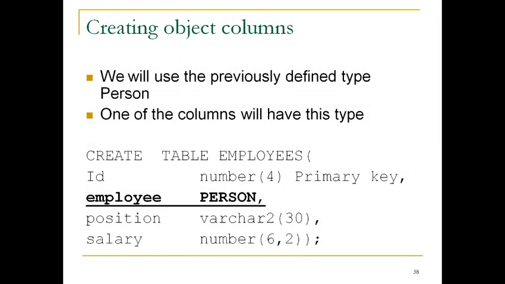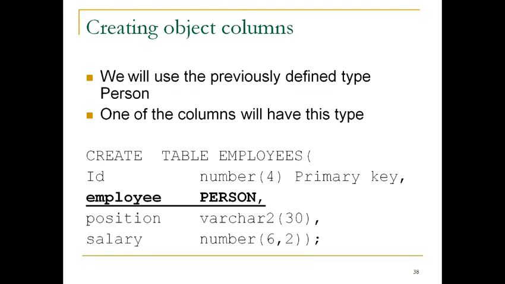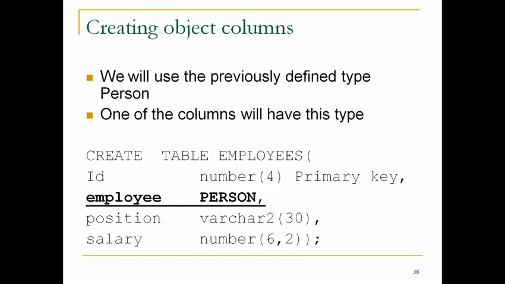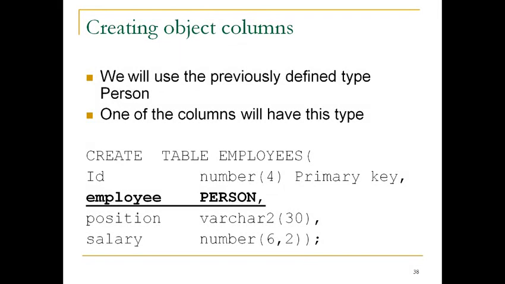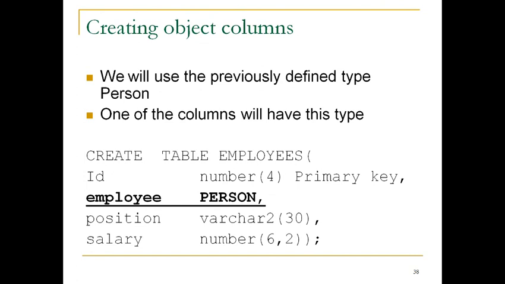Then we can create a relational table employee, whose first column is ID, a normal relational field. The last two also are traditional relational fields. But the second one can be a field named employee, whose type is person, and all personal data of the person would be included in one column.